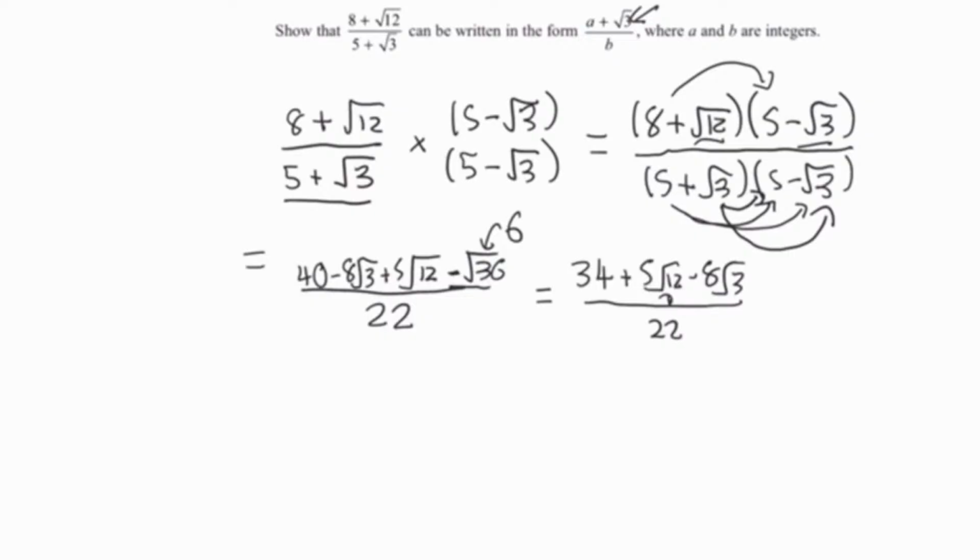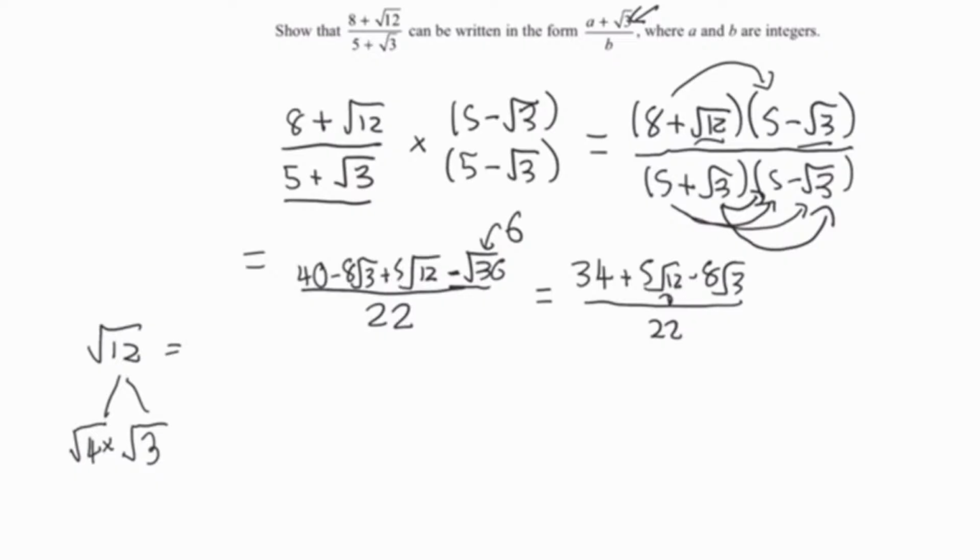If we look at root 12 here, I'm just going to do this to the side. What we need to do is split up 12 into two factors where one of them is a square number. So we can split up root 12 as root 4 times root 3, because 4 times 3 is equal to 12.